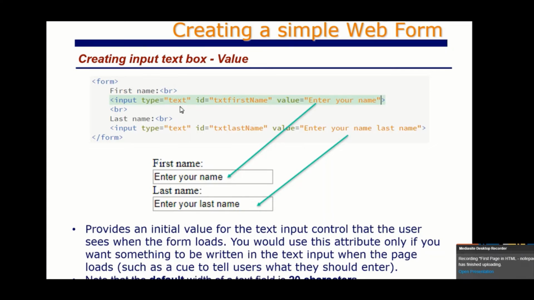So as you see, we're gonna specify that this is an input. The type for this input is gonna be text. It could be a text area as well, but in this case we're gonna use only text. And here we're gonna specify that we are using the ID.